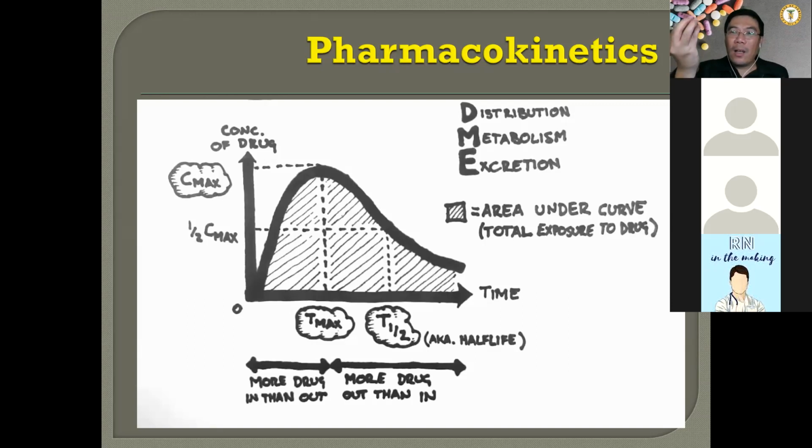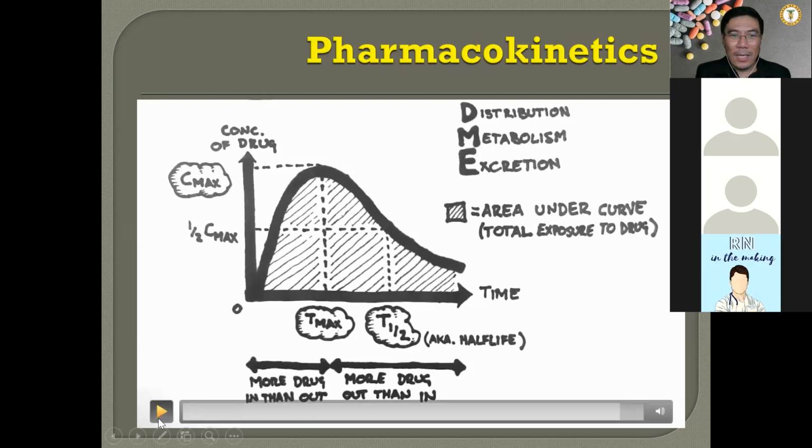That's why most of the oral drugs that pass through the GI tract will be detoxified by the liver. Unlike if it is intravenous, it may not anymore have the process of detoxification, which is longer than oral medication. Okay?